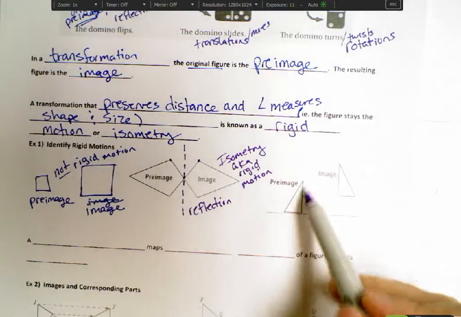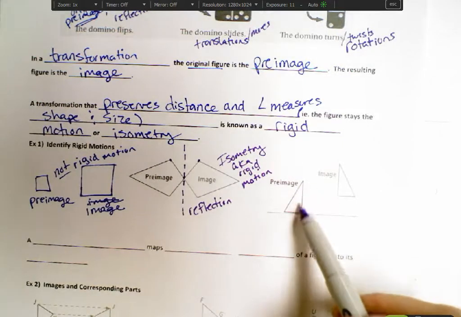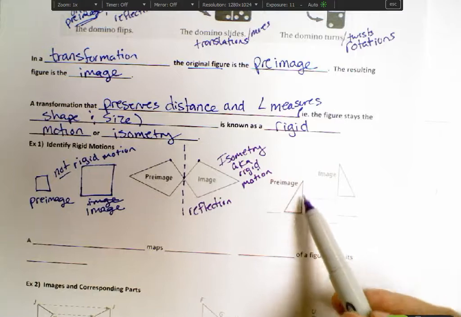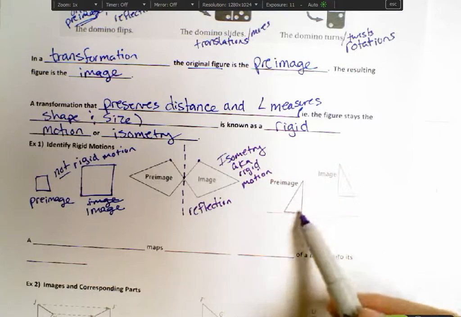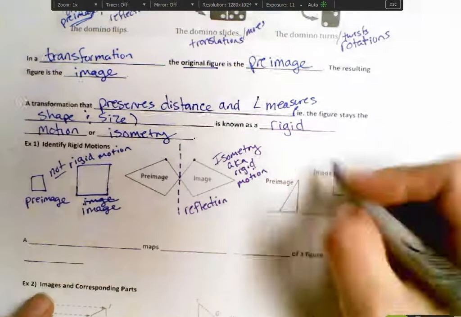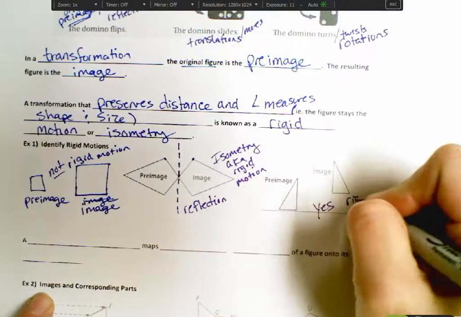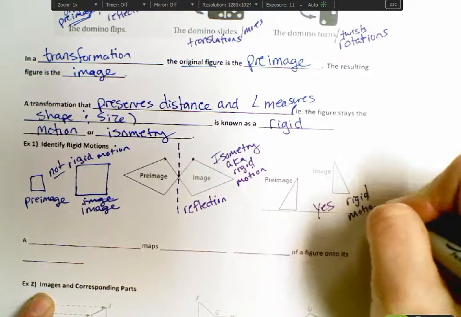And then I take a look. If I need to get out a ruler, or if I'm in a coordinate plane, I can use a distance formula to make sure that the distance between this point and this point stayed the same, and that my angle measures, so I can check my slopes to make sure all my angle measures stay the same. So this, yes, rigid motion.